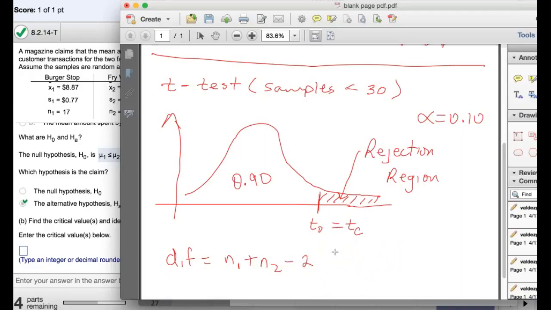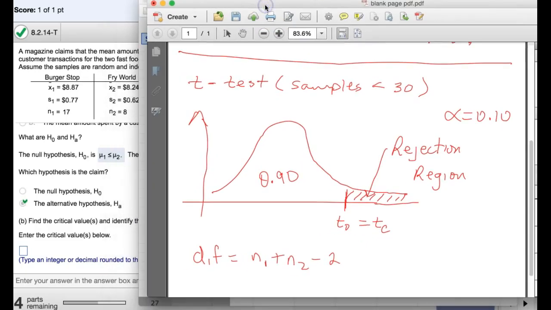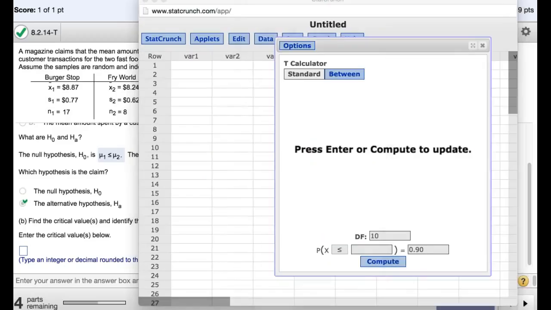Of course, basically meaning we're doing the normal degrees of freedom for a t-distribution and subtracting 1 from each of them. So in this instance, we know that we have a total of 25 from N1 and N2, and if we subtract 2, we just get 23. So that is what our degrees of freedom will be.